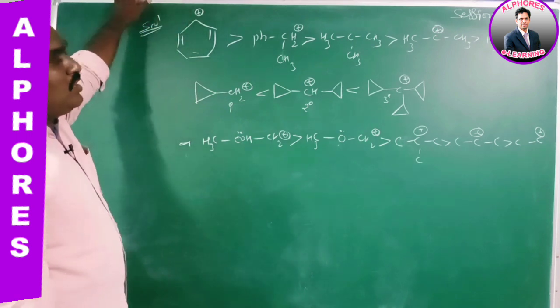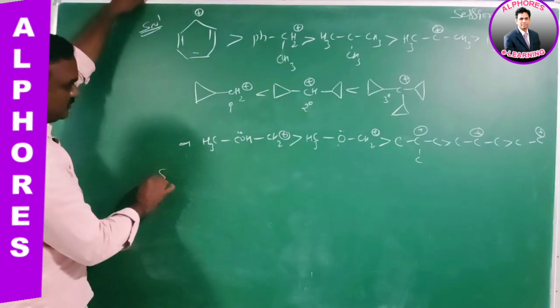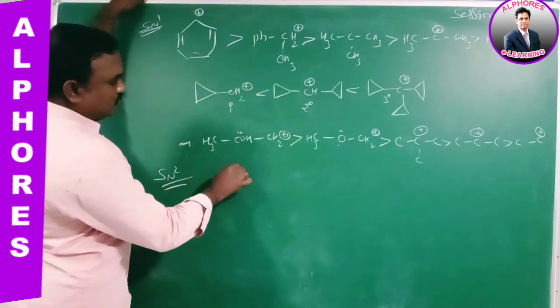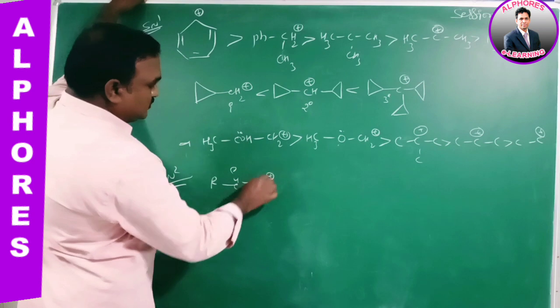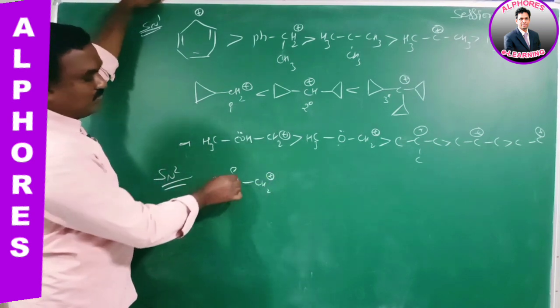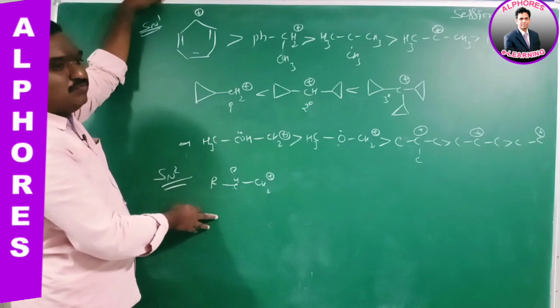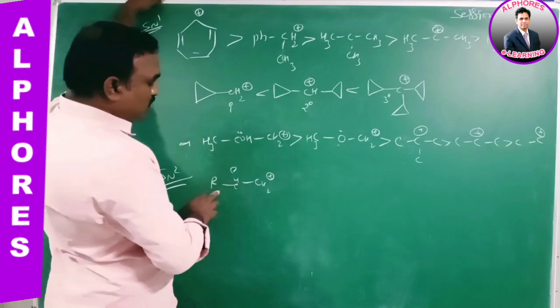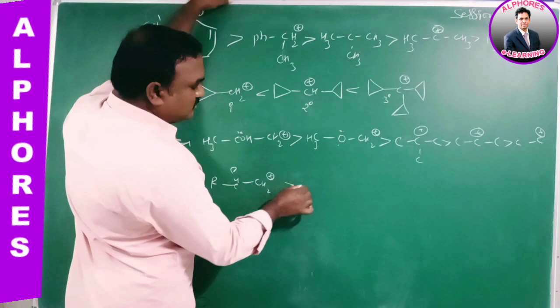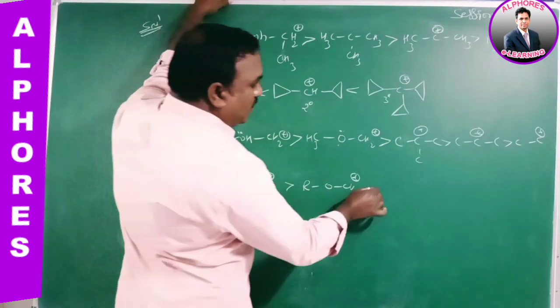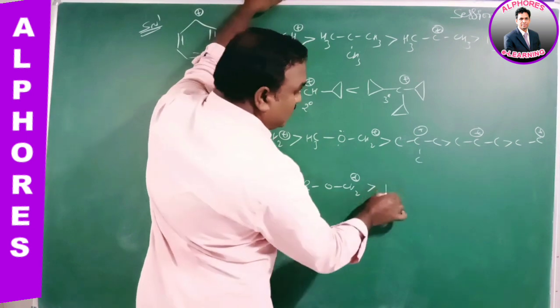Wherever a bimolecular nucleophilic substitution reaction is given, here SN2 is given. Here a withdrawing group is there, which means more reactivity when compared to normal compounds. So here RC double bond CH2+ is given, and here ROCH2+ is given.